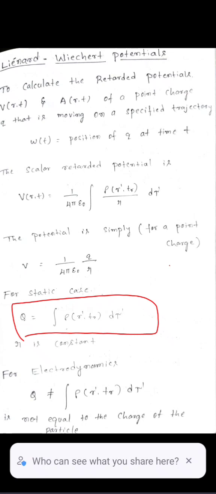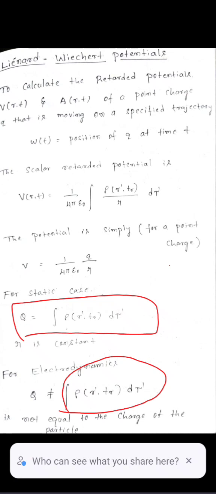Why does this happen? Because the charge is moving. So this volume integral has to be calculated at the retarded time t_r.